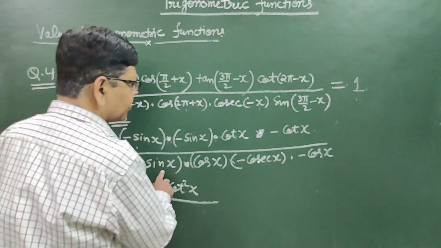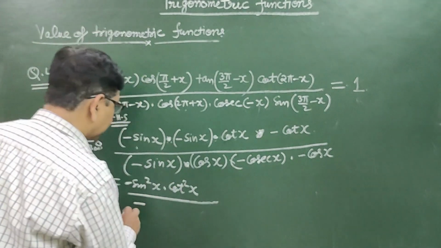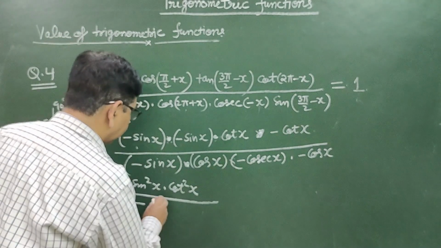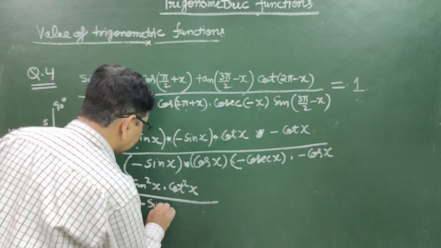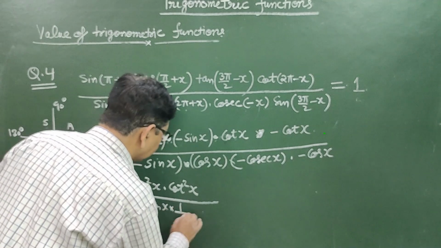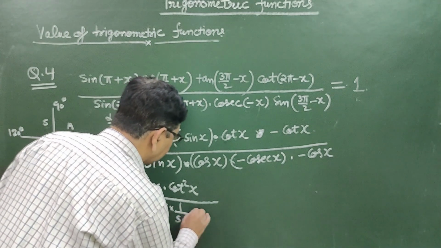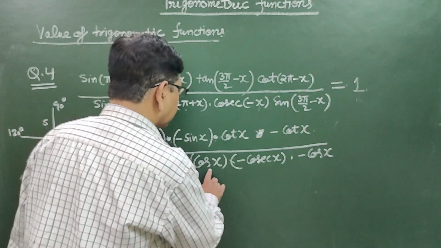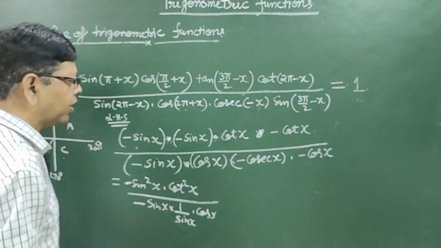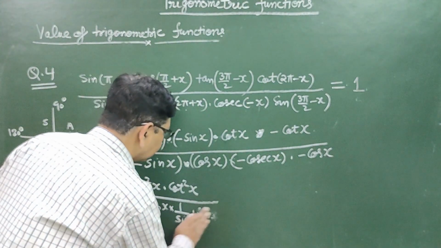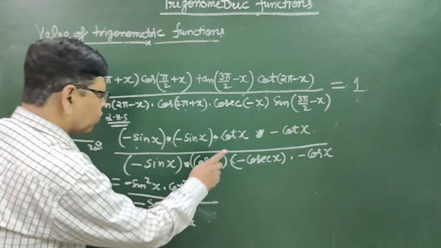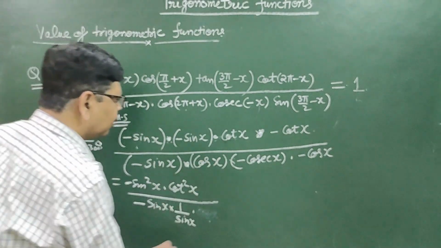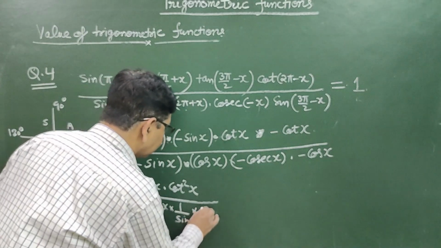And sin x into cosec x is 1, since cosec x is 1 upon sin x. Cos x into cos x is equal to minus cos square x, overall minus sign into cos square x.